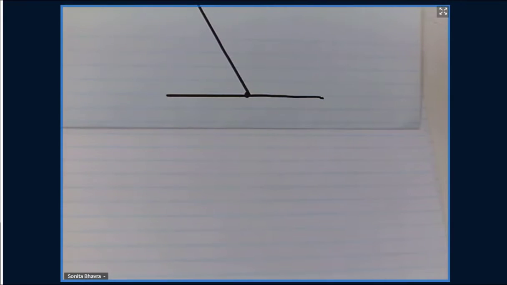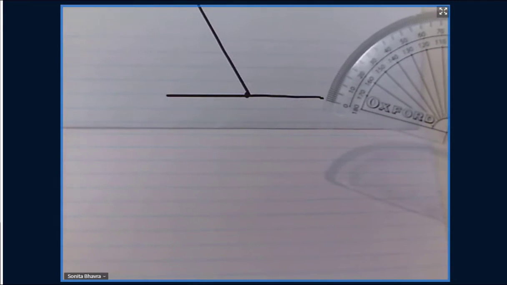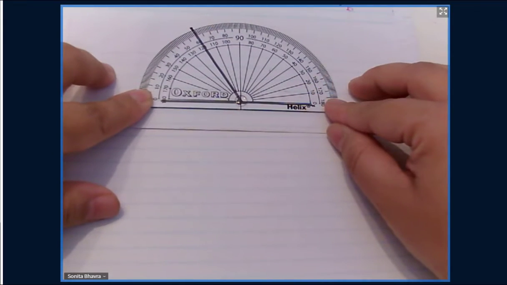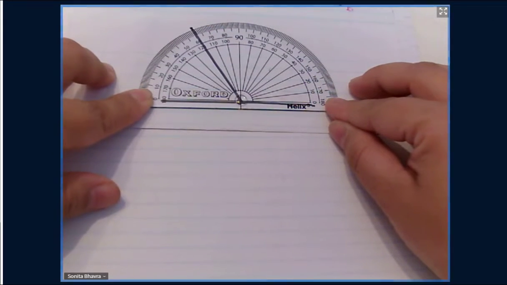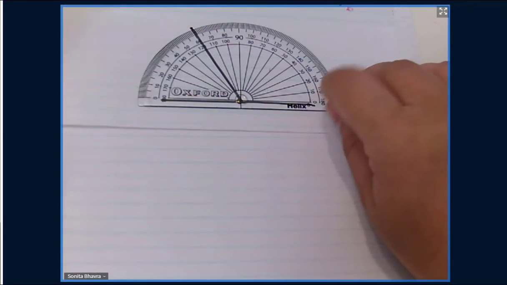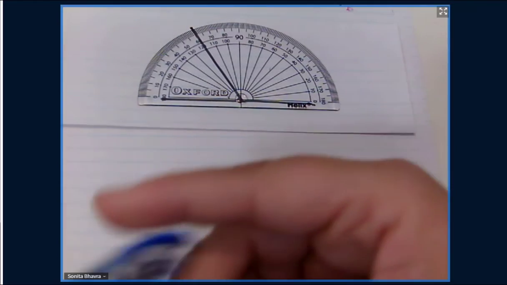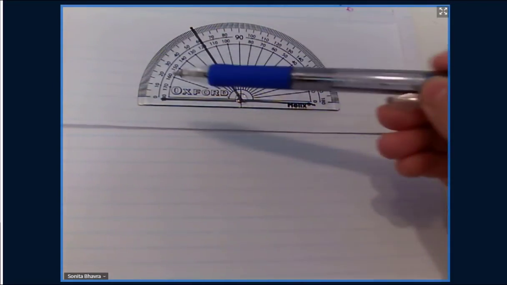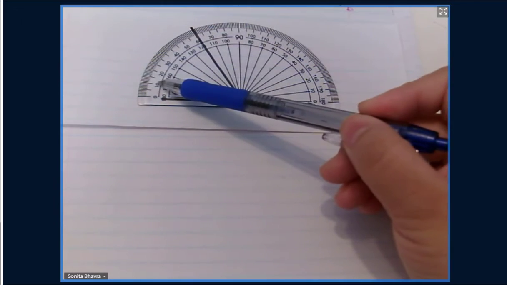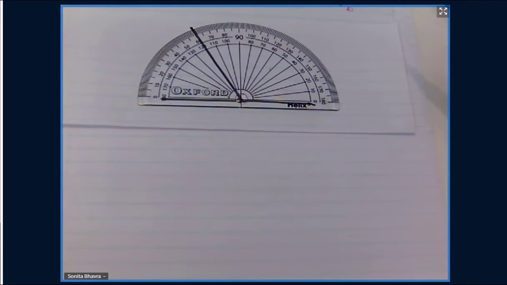Okay, let's take a look at this figure here, and we're going to use our protractor to figure out the two angles. So I'm just going to put it just like this, and we can see that there are two lines of numbers going on top. The reason there are two lines of numbers is because of obtuse and acute angles.